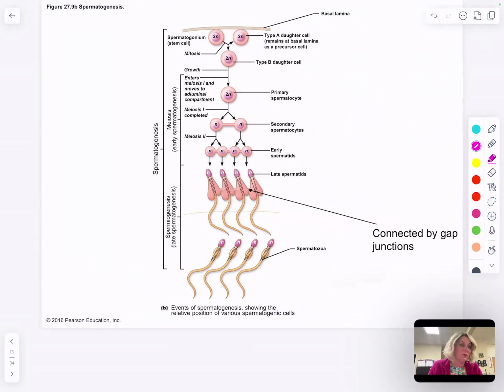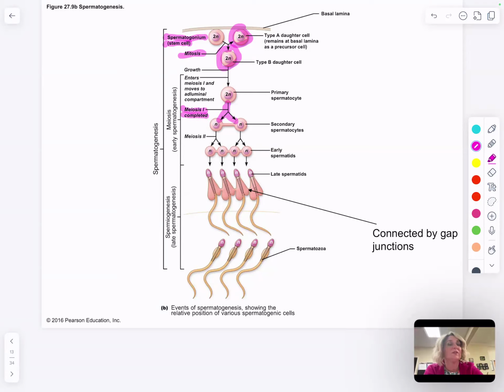Here's a really good picture of the role of meiosis in making sperm, where you have the stem cell up here. This is your original stem cell. It's going through mitosis, so it's normally creating diploid cells, two identical diploid cells of the mother stem cell. However, from there, this cell now goes into meiosis.